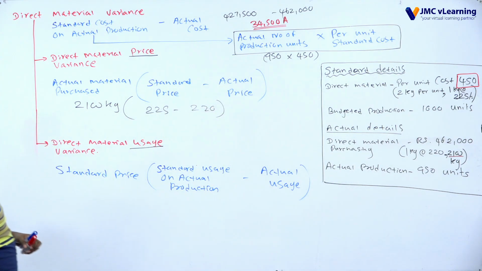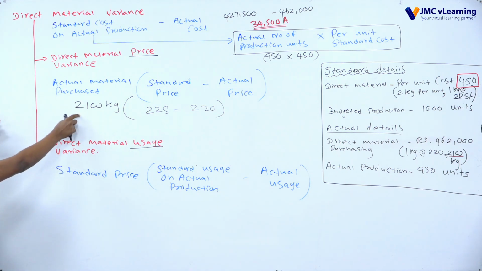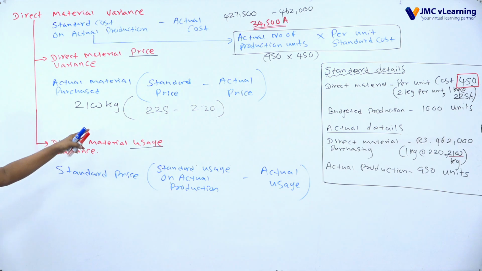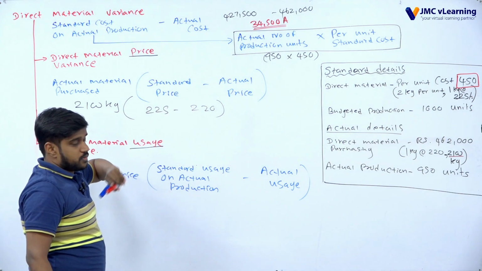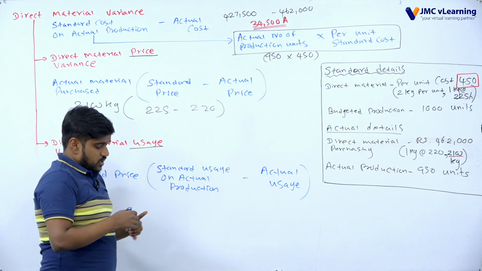Then we can calculate our direct material price variance: actual material purchase of 2,100 kilogram multiplied by the difference between standard price and actual price, 225 minus 220.